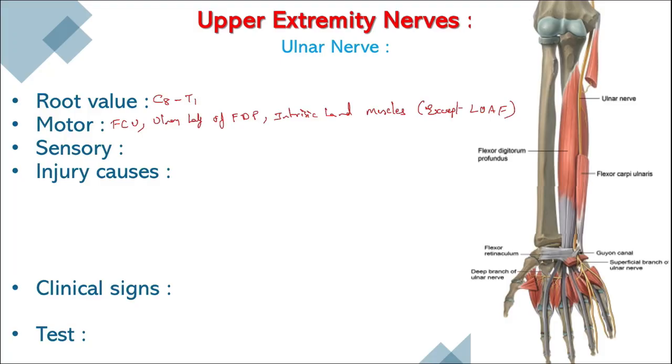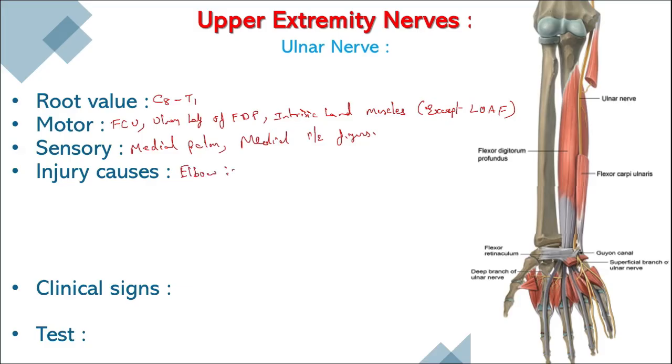But here for the ulnar nerve we have to think about flexor carpi ulnaris, flexor digitorum profundus and intrinsic hand muscles. Okay, so in sensory we can see the medial palm and medial 1.5 fingers.